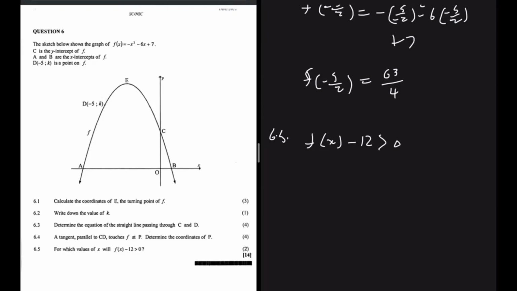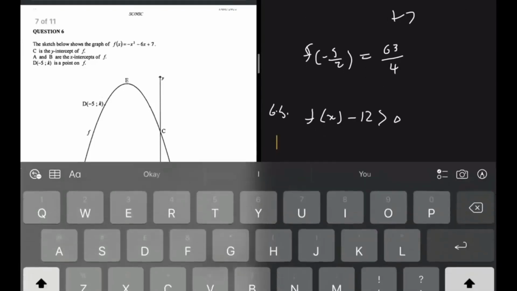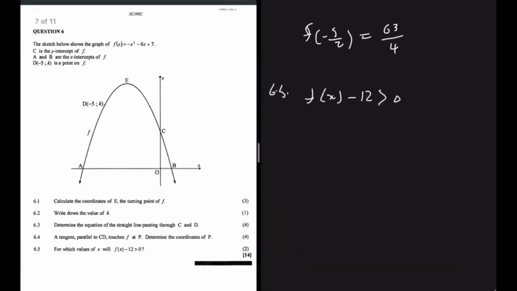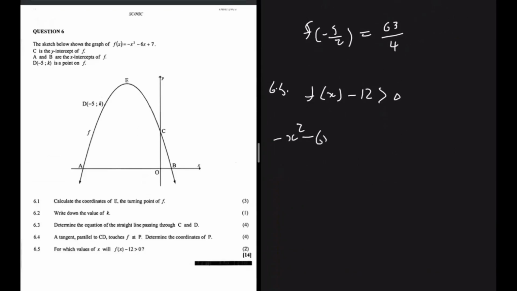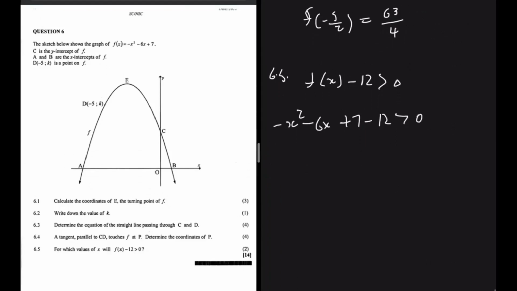I don't want to do any of that stuff. So we're gonna say in place of f(x), we're gonna have minus x squared minus 6x plus 7 minus 12 greater than 0. And then this is what we're gonna solve.